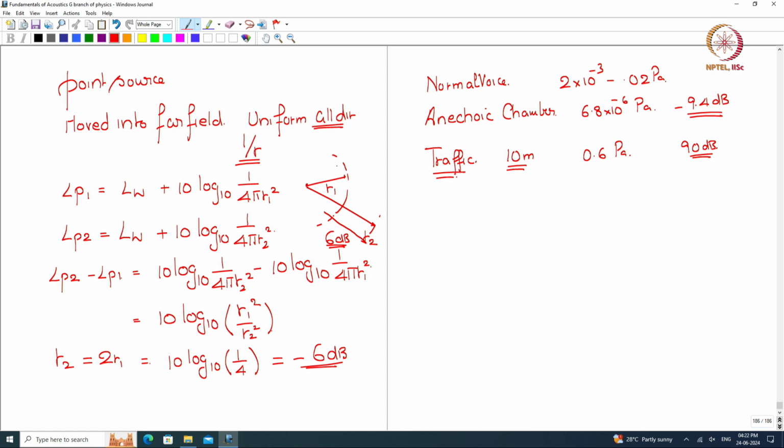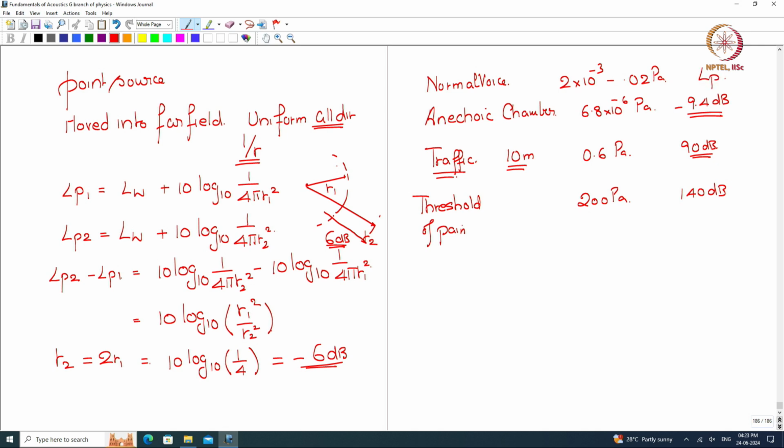Now the threshold of pain, so if the sound goes louder, it could cause pain, is 200 pascals, which is about 140 dB sound pressure level, LP.